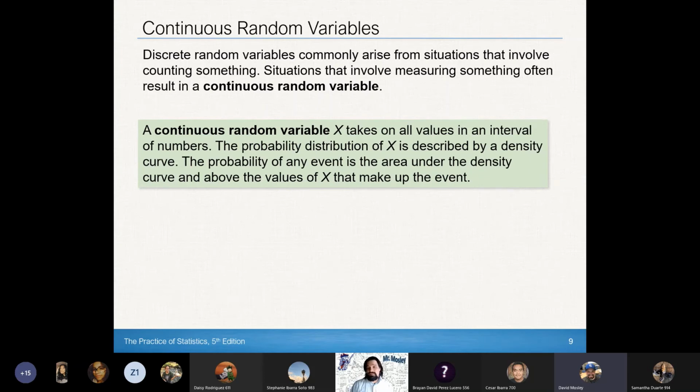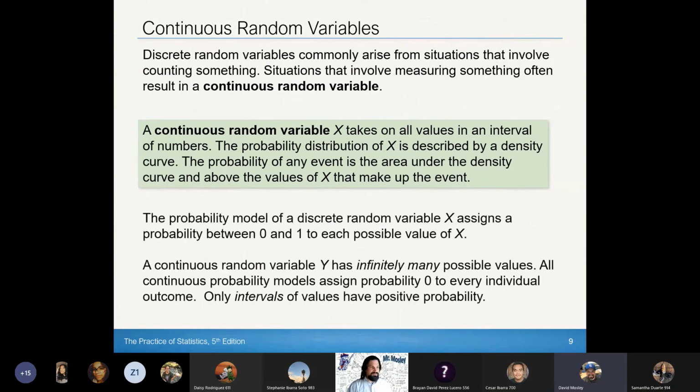It's kind of like what we did with normal distributions. We can have any value along our horizontal axis be an outcome within our interval, or range, for our statistic, and we use the area under the curve to determine the probability.